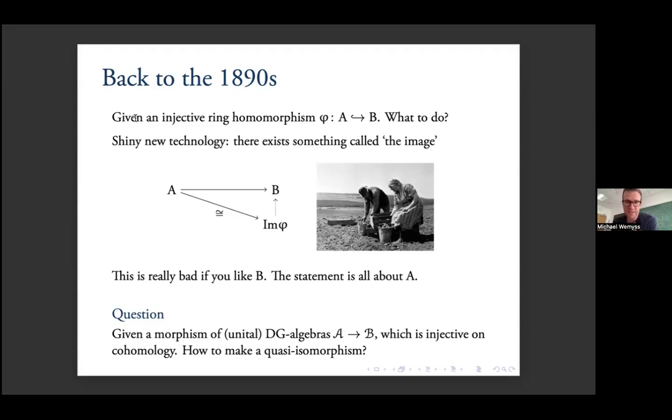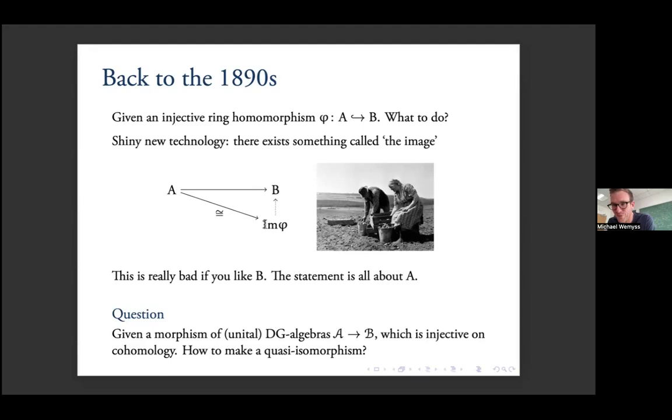And so there's a shiny new technology of the time, coming from linear algebra, called the image. And so what is the image? The image is the solution to the problem, what you have to do to make it an isomorphism. So there's something inside B called the image, which A is then isomorphic to. Now, this is a disaster if you're emotionally attached to B. So our first isomorphism theorem has got nothing to do with B, right?